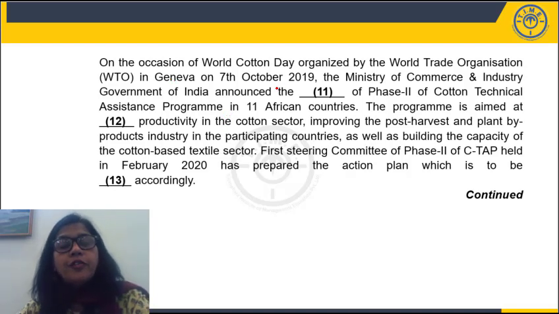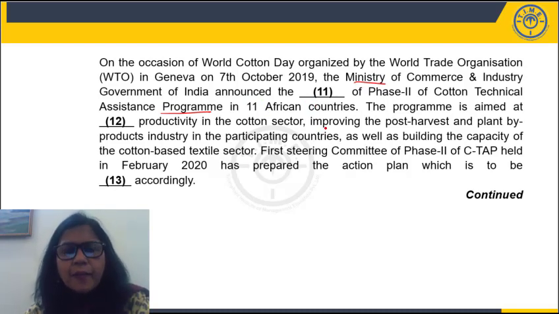On the occasion of World Cotton Day, organized by the World Trade Organization in Geneva on 7th October 2019, the Ministry of Commerce and Industry, Government of India announced the dash of Phase 2 of Cotton Technical Assistance Program. So the ministry announced the dash of a particular program. We can say a start, beginning. The program is aimed at dash productivity in the cotton sector.